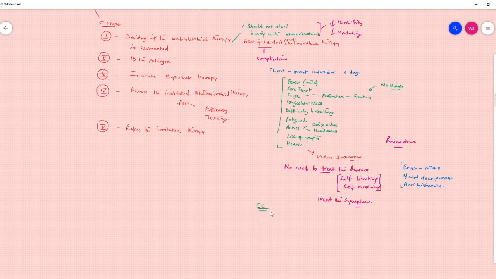If we pay attention to the chief complaint, then we can localize the infection to the organ that is infected.